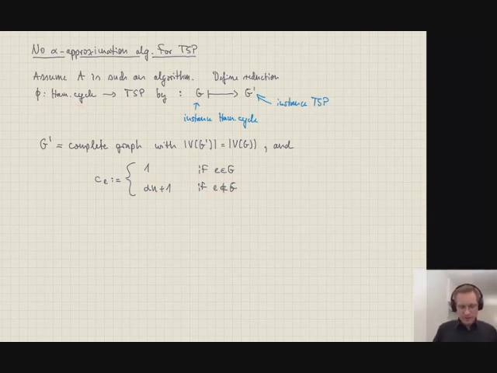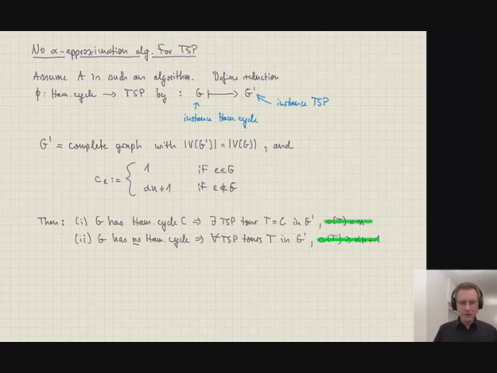So edges that exist in G are cheap, edges that do not exist in G are extremely expensive in G prime. Then we can observe two things.